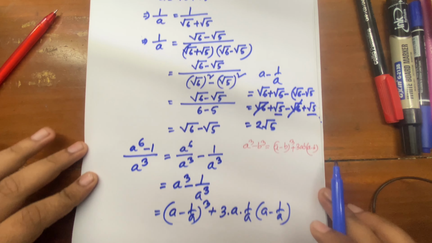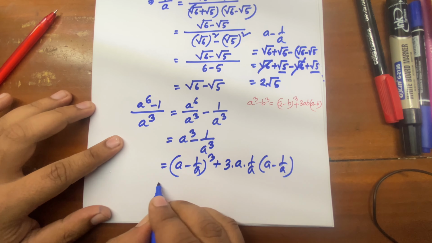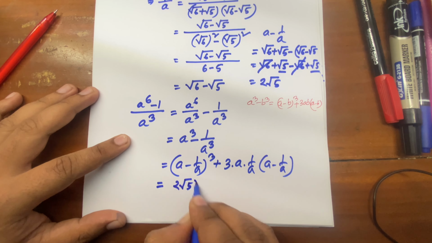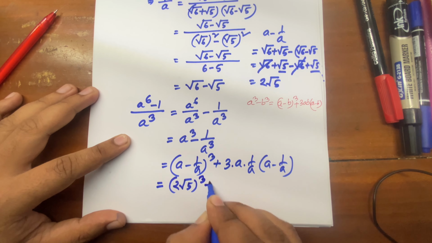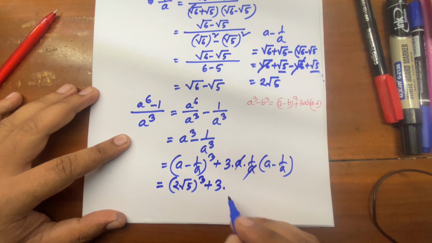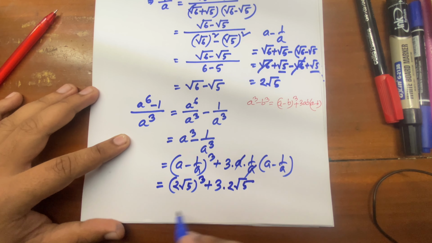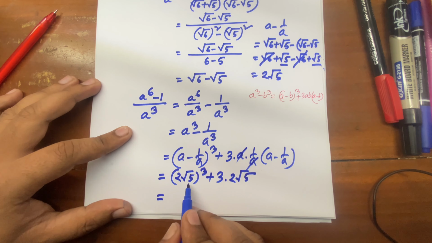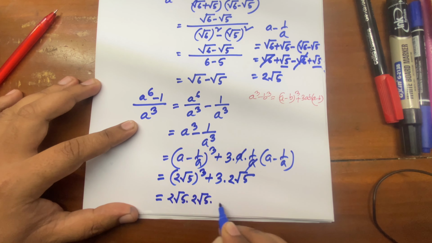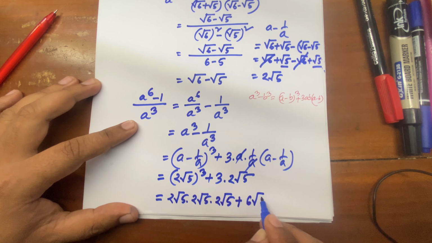I put this value in this line. This time I can say here is (2 square root 5) power cube plus 3, a is cancelled with 1 over a, and here is 2 square root 5. So 2 square root 5. Now I can say here is (2 square root 5) whole cube, 2 square root 5 times 2 square root 5 times 2 square root 5, plus here is 6 square root 5.